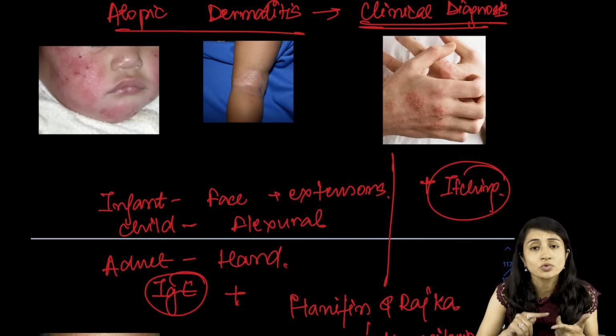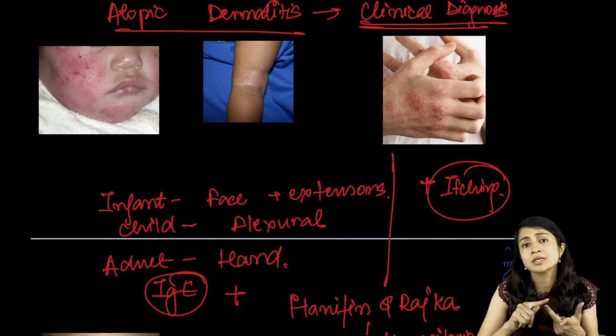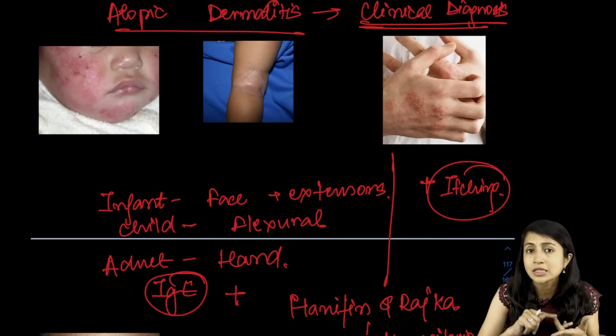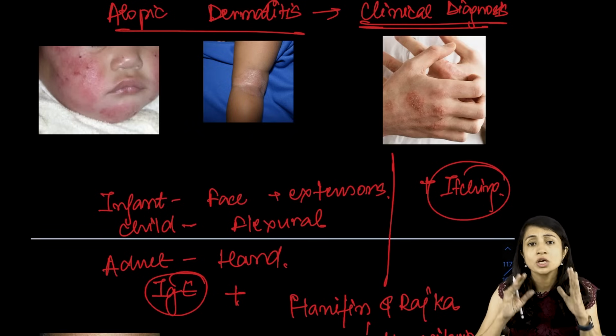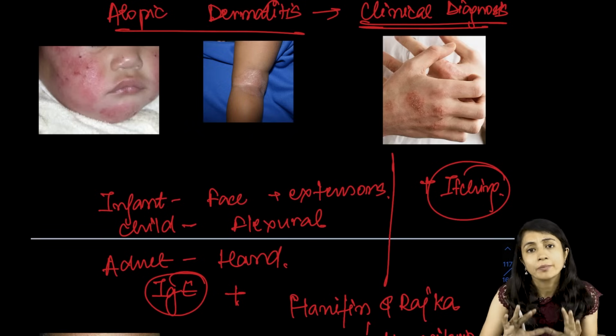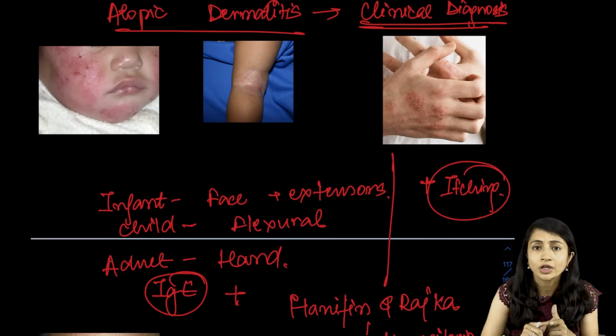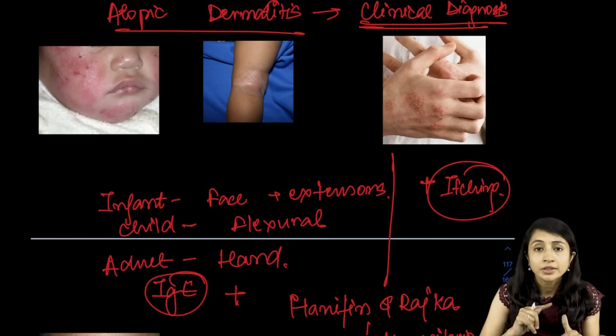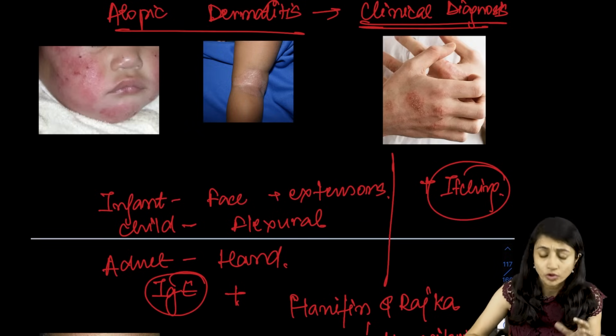So they ask you the diagnosis, then they can ask you about the pathogenesis. There is high IgE, there is reduction in filaggrin, there is increased transepidermal water loss. Here there is barrier abnormality, and also the patient may have other history of atopy in the form of hay fever, in the form of asthma. Then there may be a positive family history. So all these are very, very important pointers.